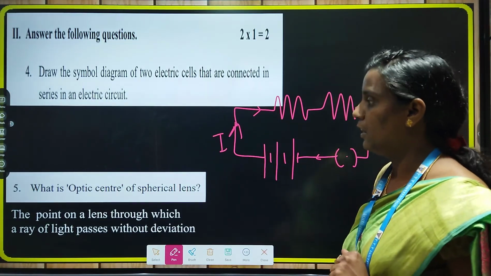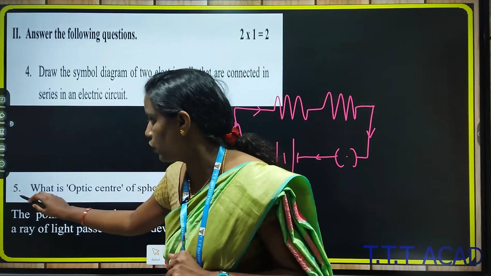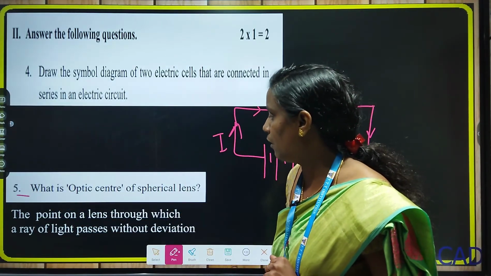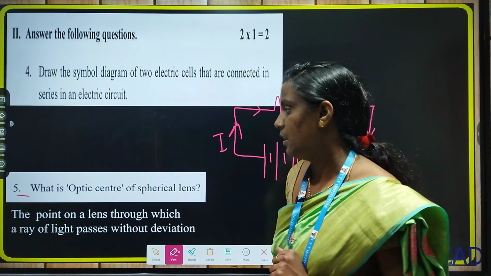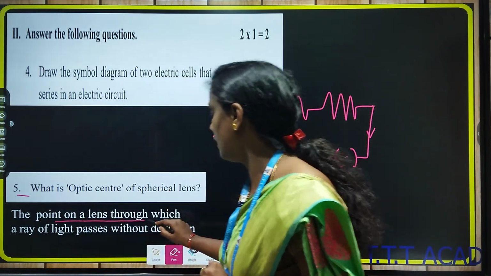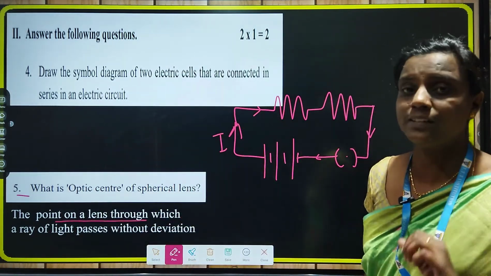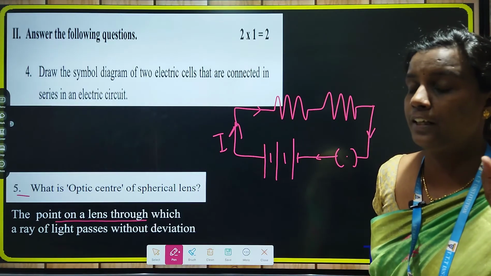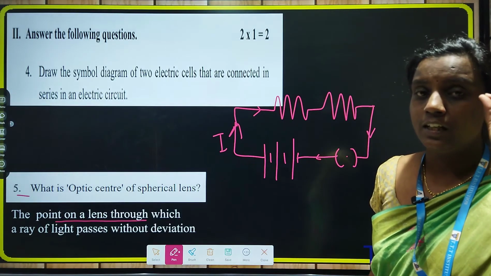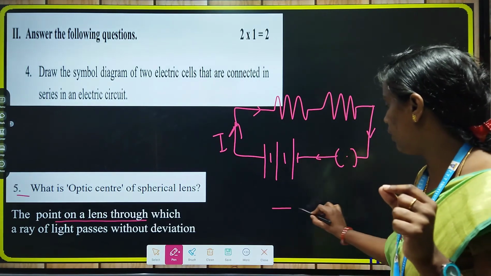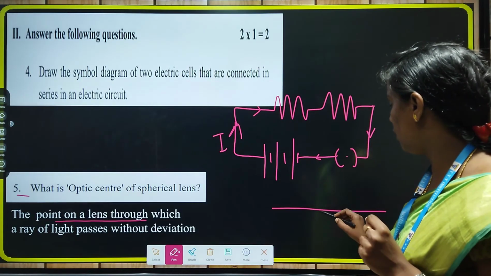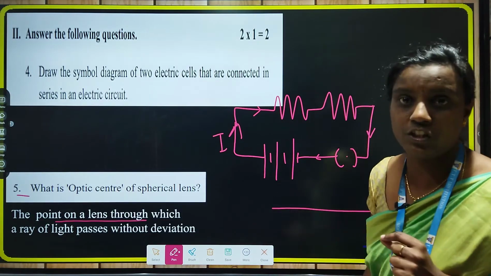Fine, children. The next question, 5th question: what is the optic center of a spherical lens? It is a point on a lens. You should know how you write the principal axis while drawing this. You draw the lens, then the center of curvature.